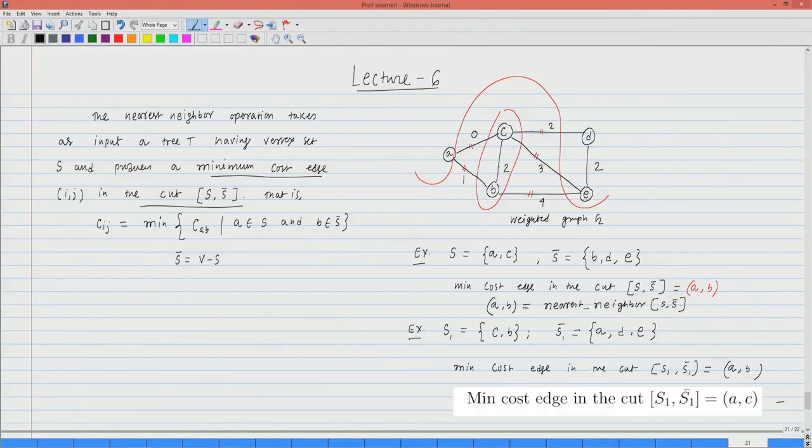Or the other way of writing this is you just write the set of vertices in the tree T, that is the set of vertices of tree T is S. Okay.